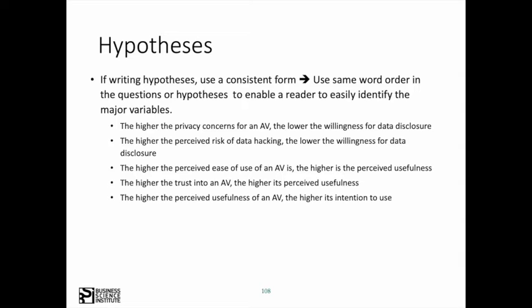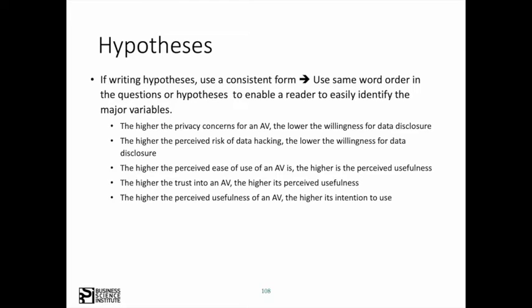The lower the trust, the lower the willingness of data disclosure. Or the higher the perceived risk of data hacking, the lower the willingness of data disclosure. Or the higher the perceived ease of use of an autonomous vehicle, the higher its perceived usefulness. The higher the trust in an autonomous vehicle, the higher its perceived usefulness.